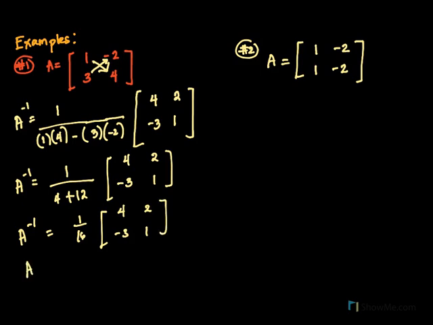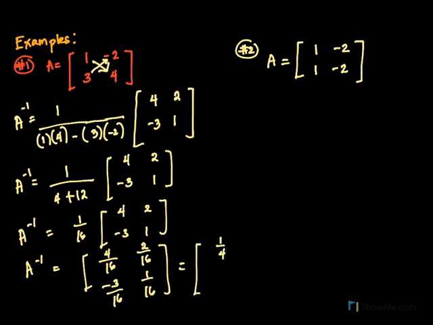When you multiply 1 over 16 sa loob, that will give you 4 over 16, 2 over 16, negative 3 over 16, and then 1 over 16. Which will simplify to lowest terms. That is 1 over 4, 1 over 8, negative 3 over 16, and 1 over 16. So this is our inverse.